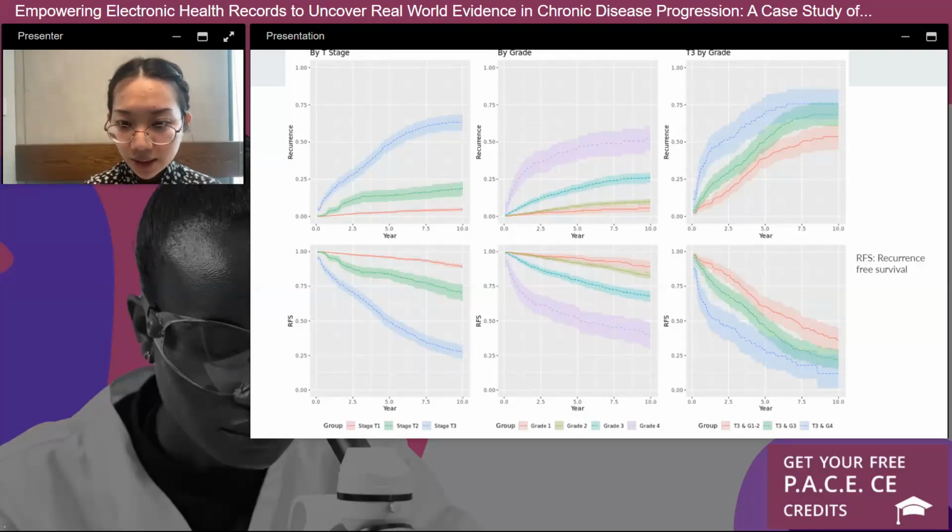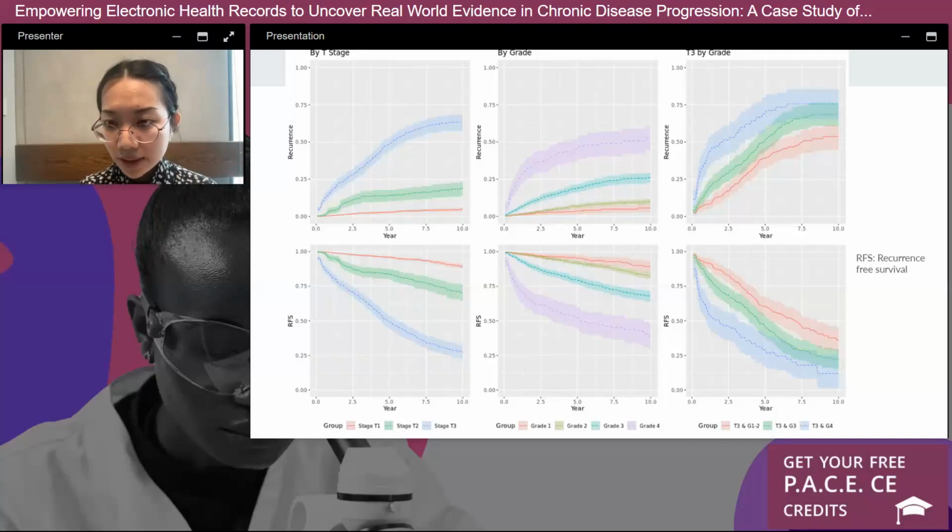So here you have 4 grades, from 1 to 4, as indicated by red, green, blue, and purple. So you could see that the patient will indeed have a higher accumulative recurrence rate as their grade becomes larger, right?